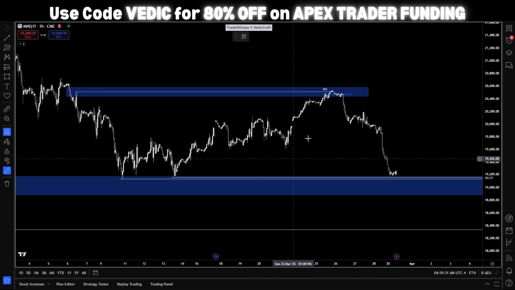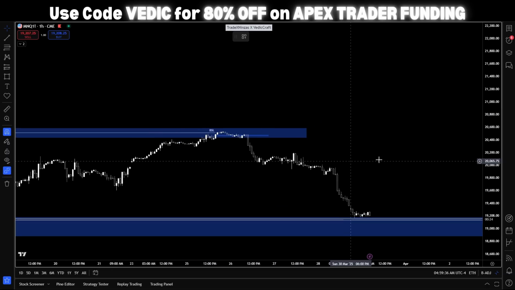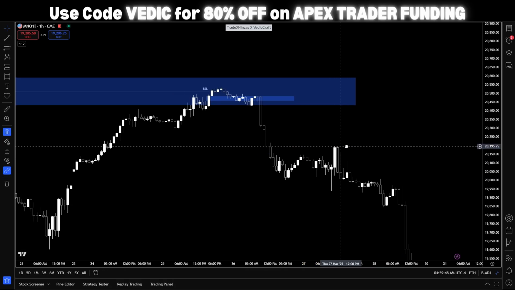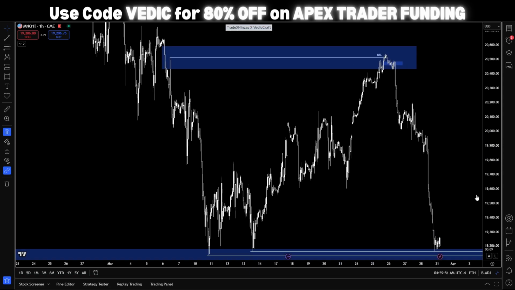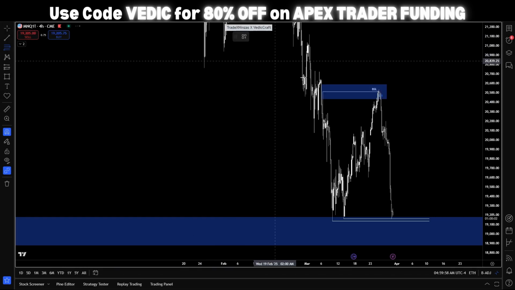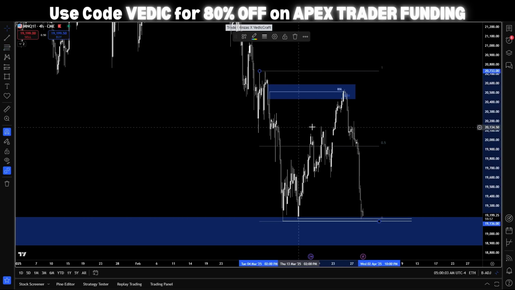We generate liquidity, we hunt all of the liquidity we generated, we rebalance to inefficiencies like fair value gaps, as you can see, there was a fair value gap, and we rebalance to the equilibrium of the range, which means the premium and discount of the range. This will be our equilibrium of the range.